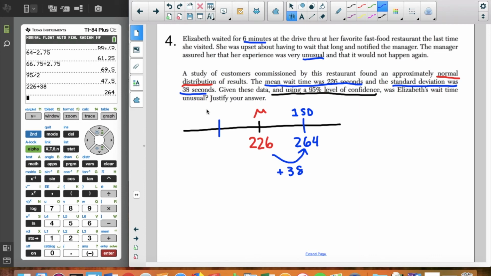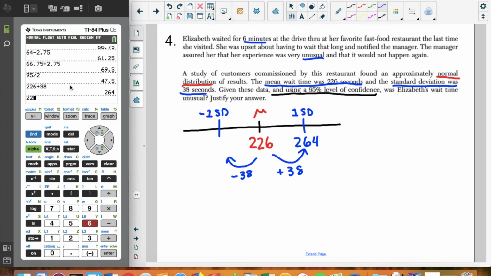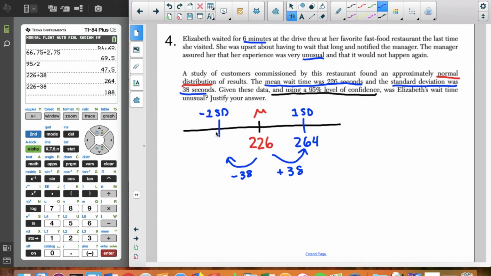In the other direction, -1 standard deviations away, we have to subtract 38. So 226 minus 38 is 188. Okay, let's go one more over. So 2 standard deviations away, that's our 95% confidence interval.